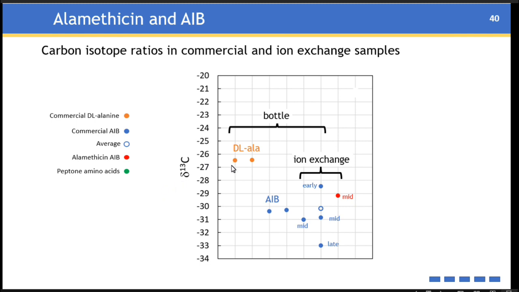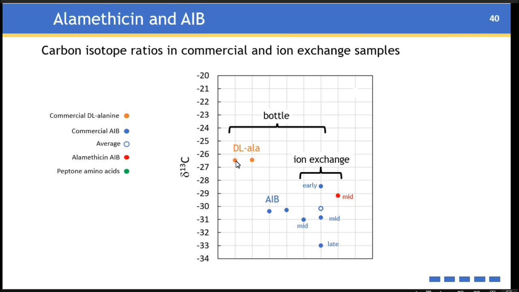These were all done in triplicate, and the standard deviation of those is about half the size of these dots. Incredibly precise determinations. So the differences you see here are very significant.